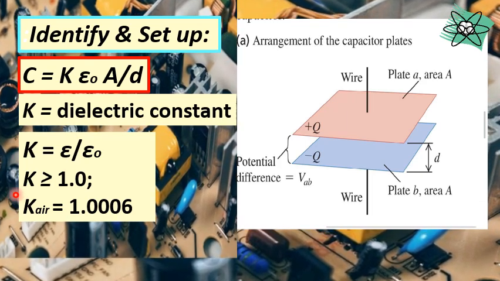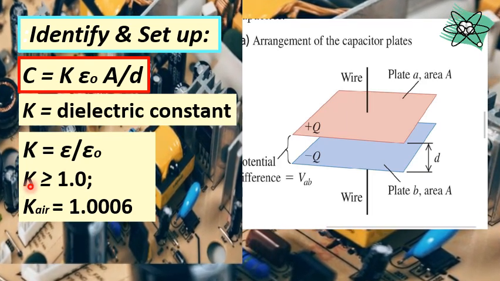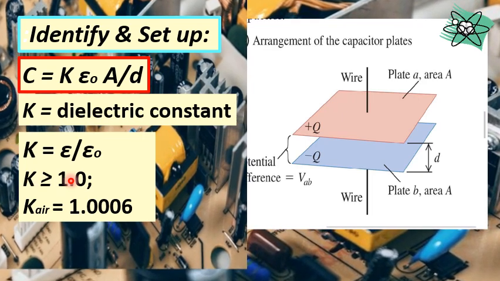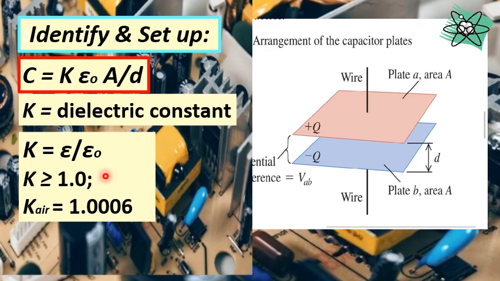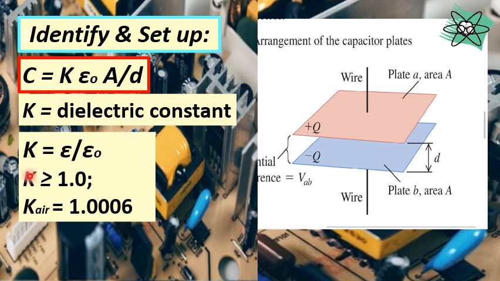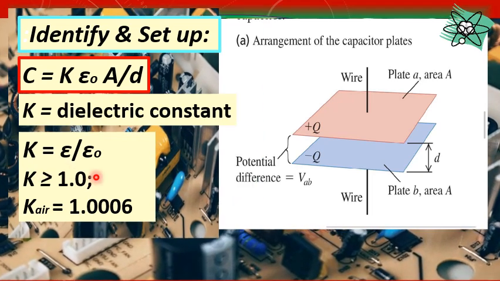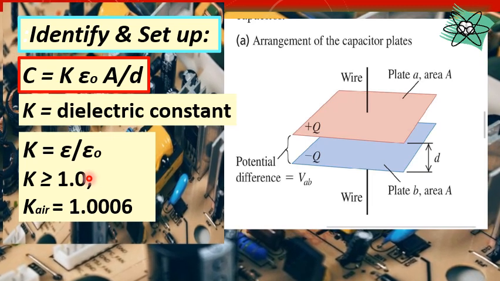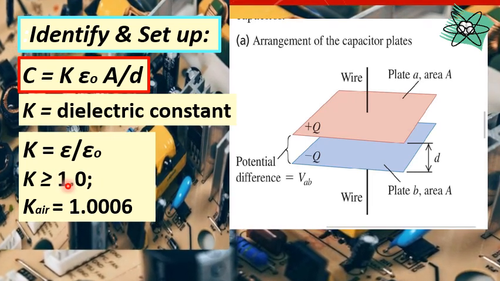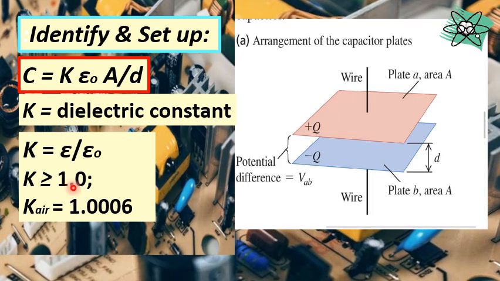And the value of kappa for most dielectric materials is greater than 1. And the minimum value of kappa, of course, is equal to 1.0.